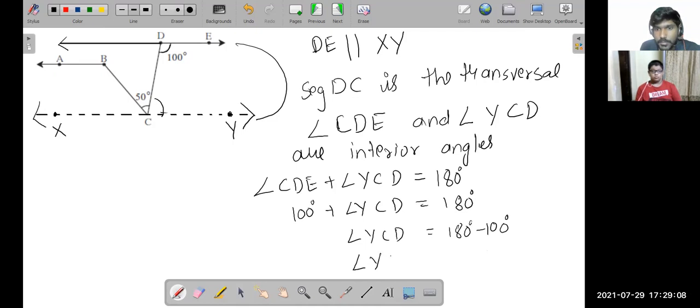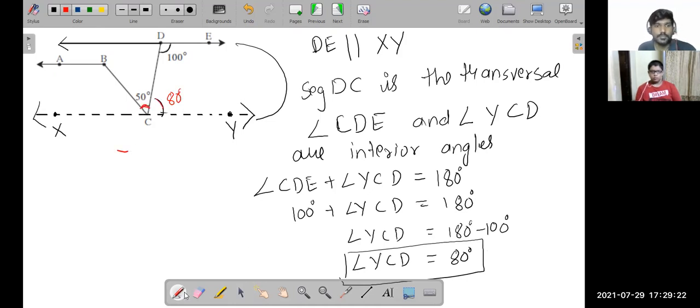So angle YCD is equal to 80 degrees. YCD means this one. This is 80. Is it clear how I got YCD as 80 degrees?